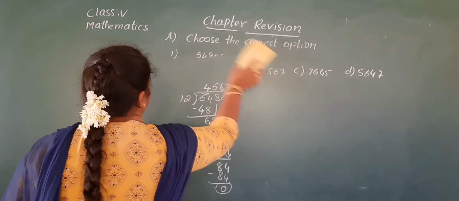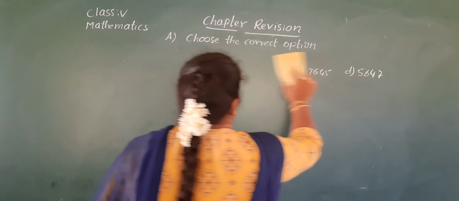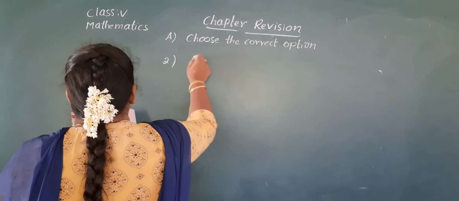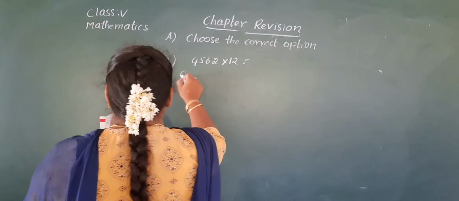Next. Second one. 4,562 into 12. Multiply this.